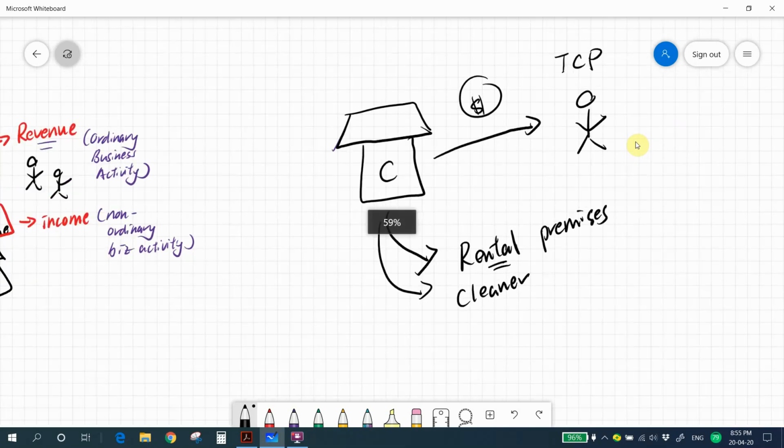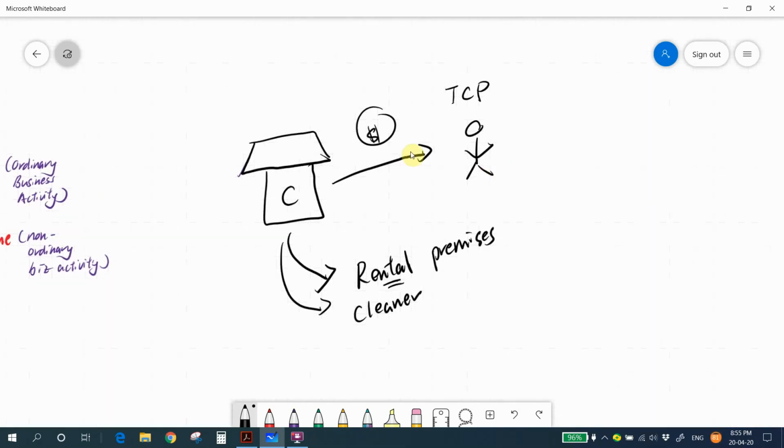So, based on this diagram, can you tell me which payment is considered as purchase and which payment is considered as expenses?